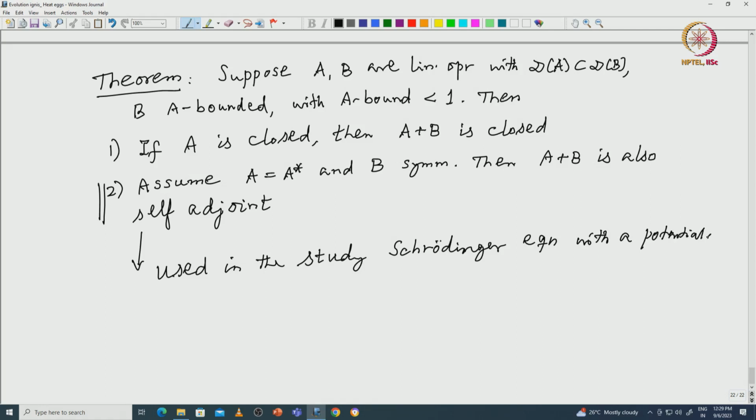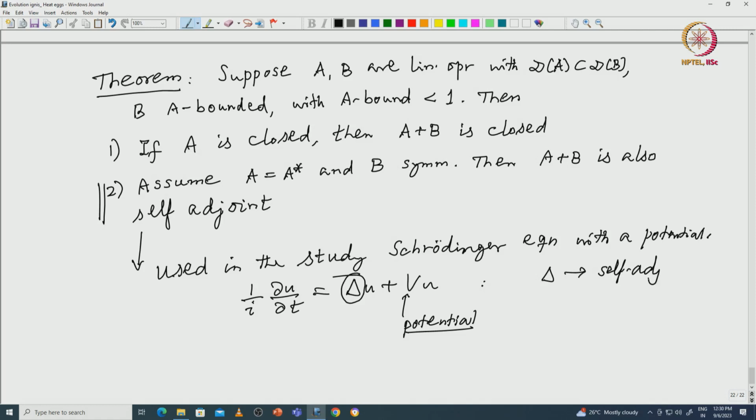Okay, let me just simply say that. So, the Schrodinger equation: 1 by i du by dt equals Laplacian u plus Vu. Okay, so, this V is the potential. So, this is a given real valued function. Okay, so, this Laplacian, with appropriate domain, is a self-adjoint operator.